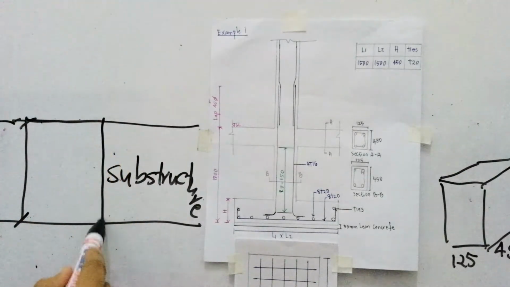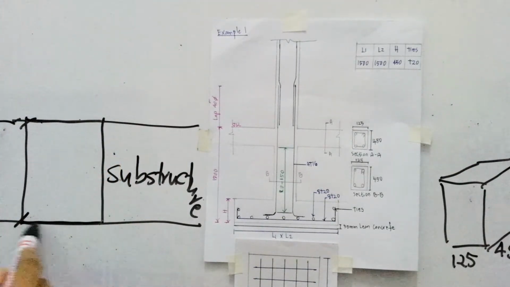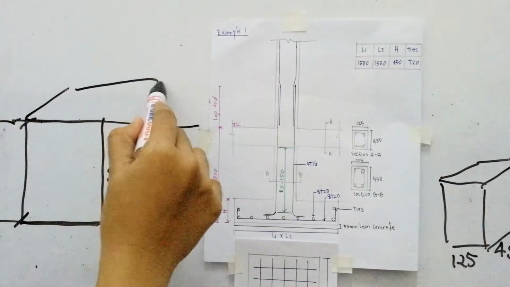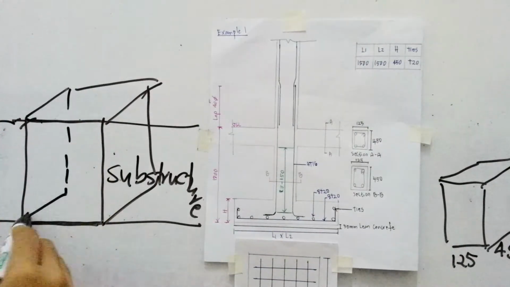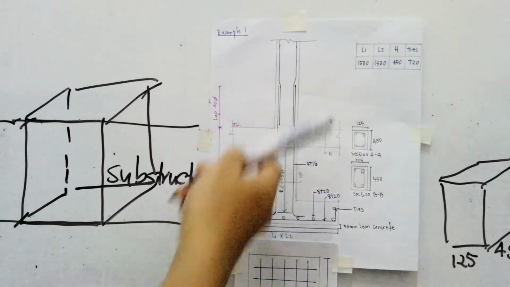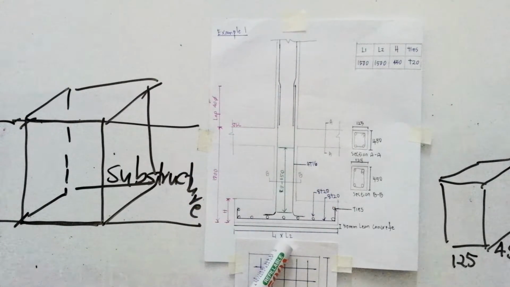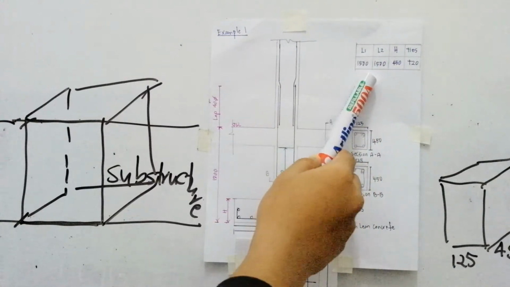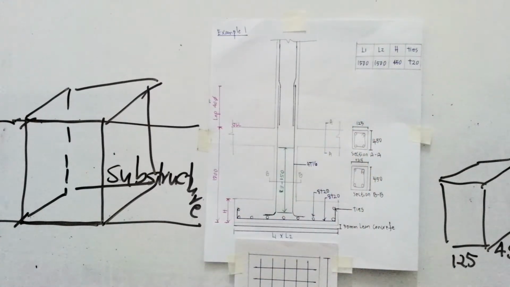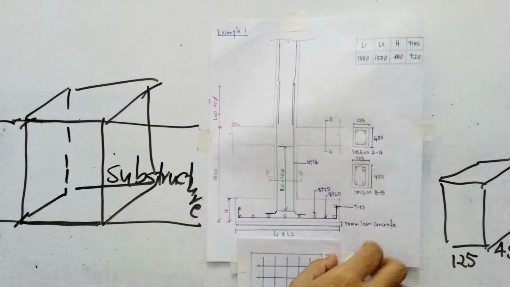The size of your excavation works depends on the size of your pad footing. The size of your pad footing in this case is given as L1 times L2, which is 1.5 meter by 1.5 meter. If you do your cross-sectional or 3D, you will get this.